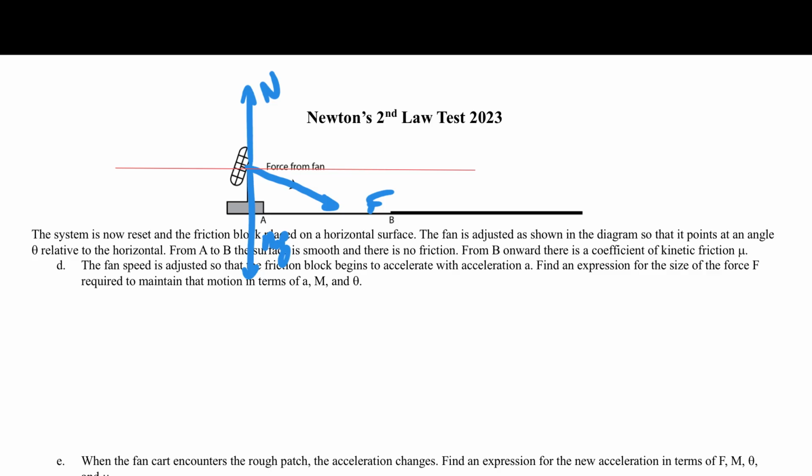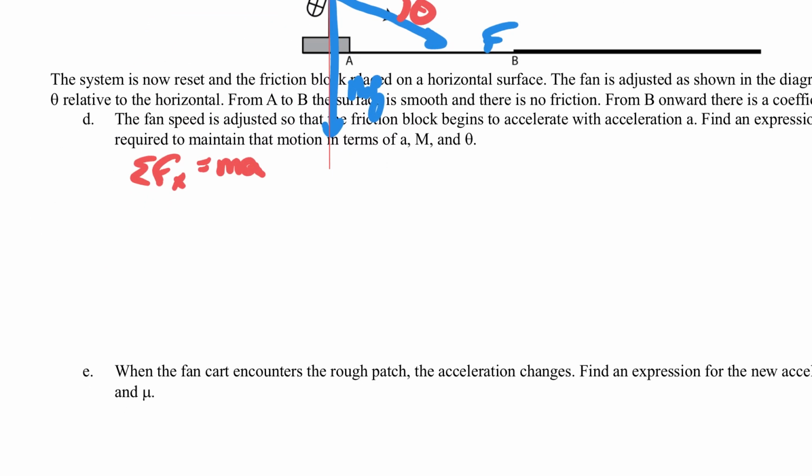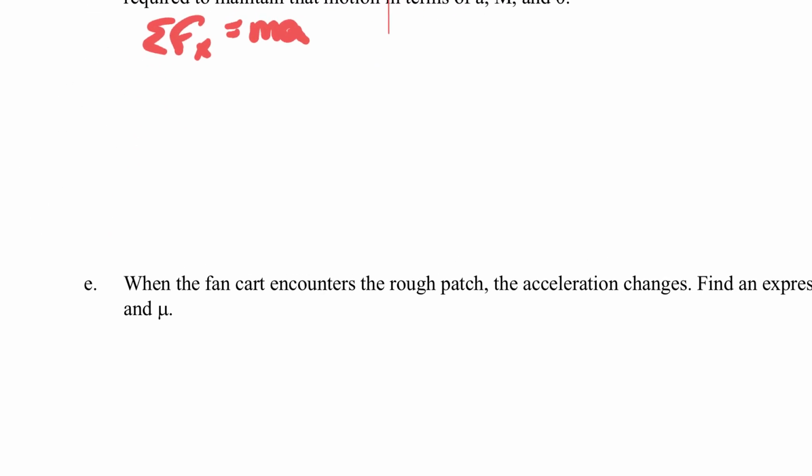I'll have a coordinate system that's aligned with the horizontal and a coordinate system that's aligned with the vertical. All good? Excellent. So excited. This is theta. So net force in the x direction equals ma. And I think we're looking at F cosine theta equals ma.